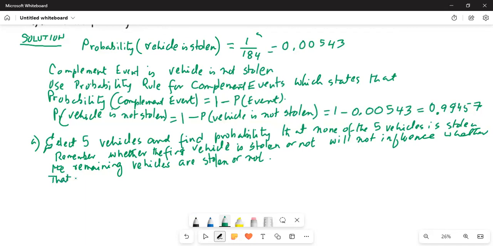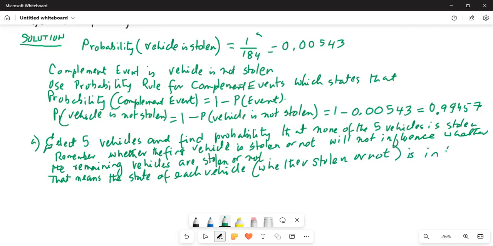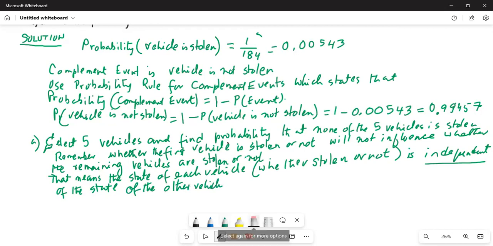That means the state of each vehicle, whether stolen or not, is independent of the state of the other vehicles.